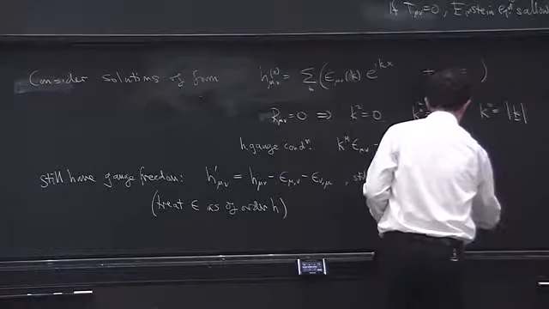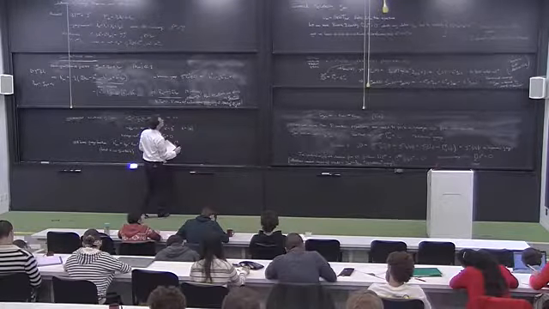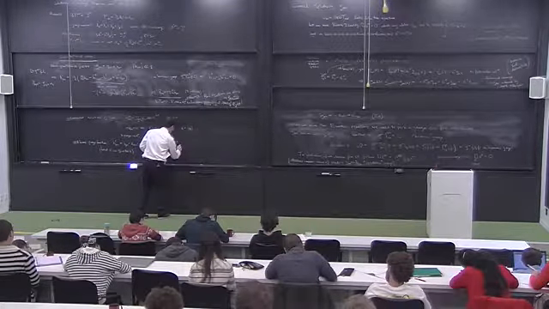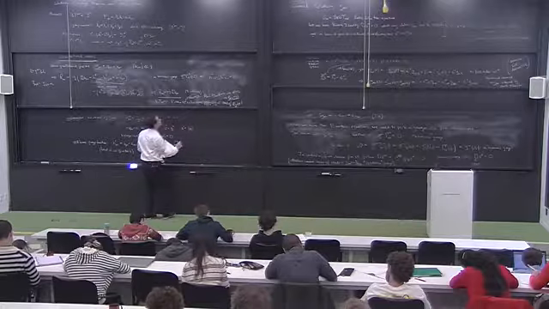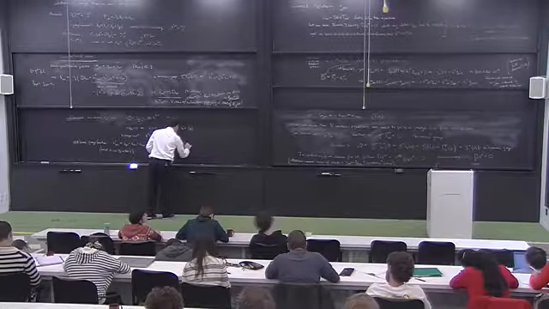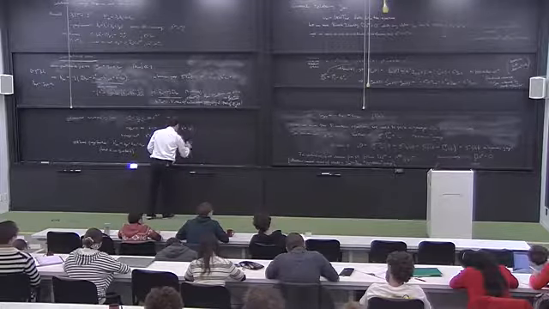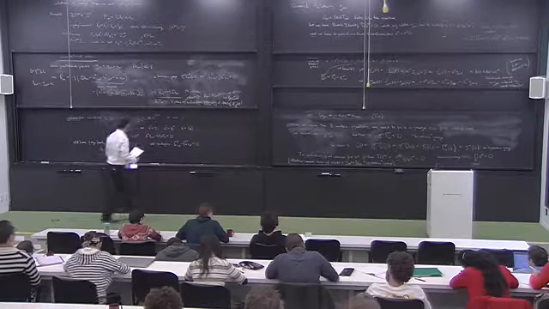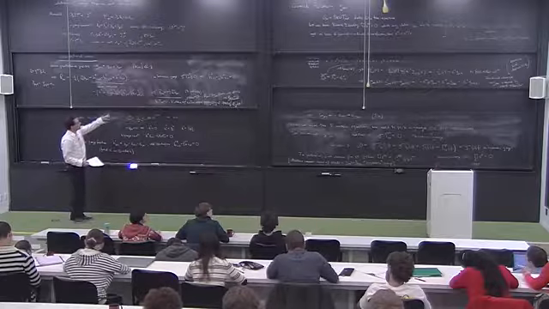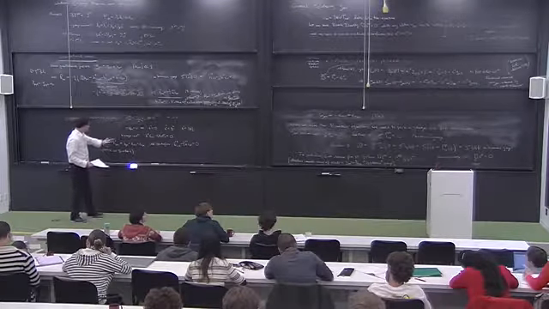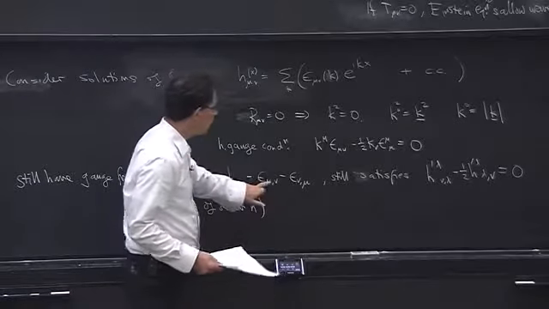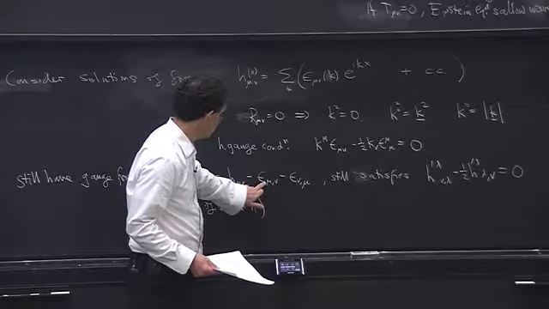harmonic gauge. H prime lambda nu comma lambda minus 1/2 h lambda lambda comma nu equals 0. Let's just see that. If I've got some h satisfying that condition, and I plug in this h prime, I'm going to have two extra terms.